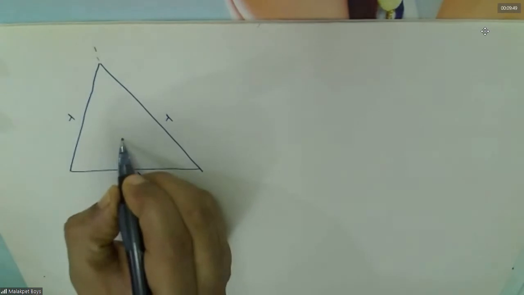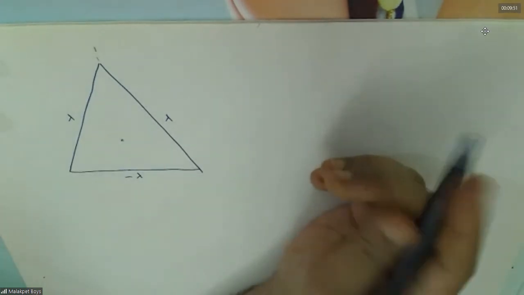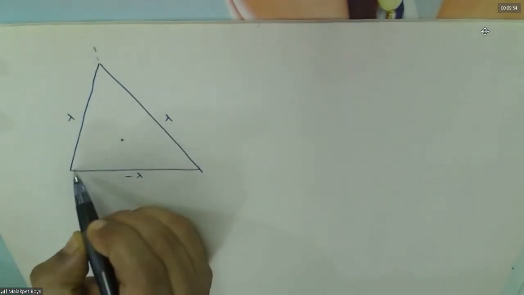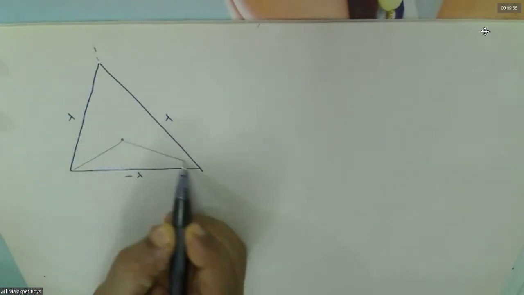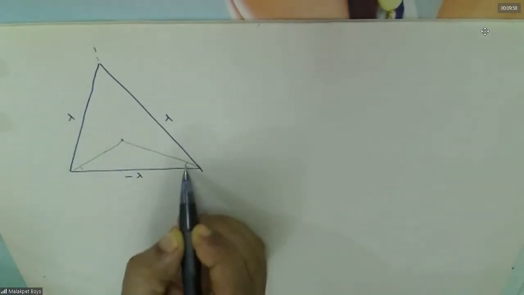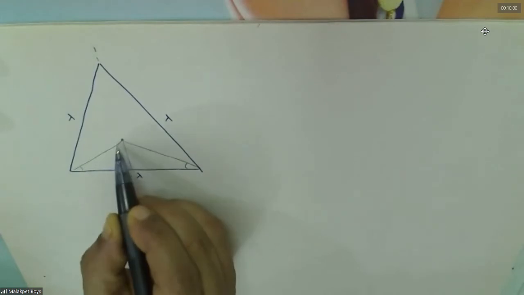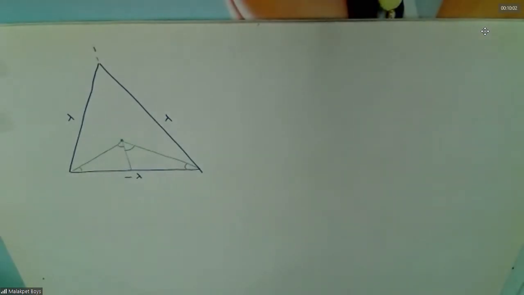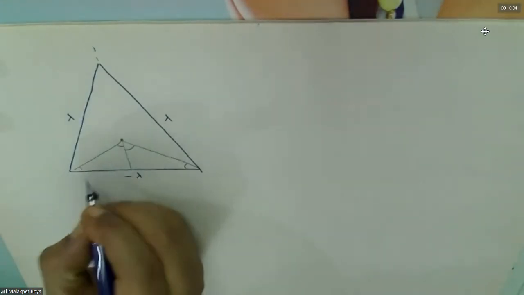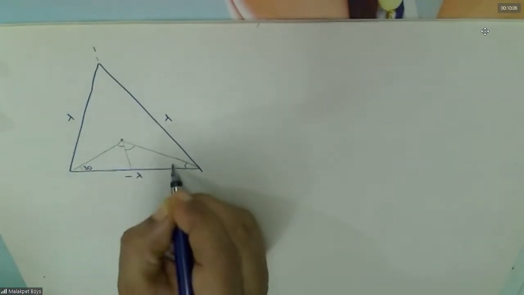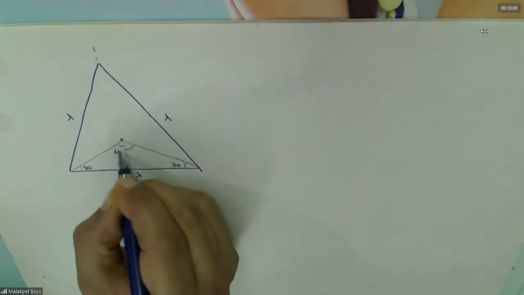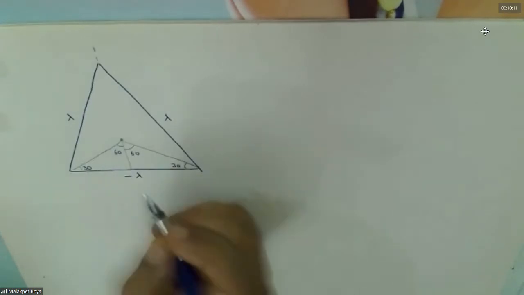See, what is this angle? Can you tell? Equilateral, no? This is 30, this is 30. This is 60, 60. Agreed? So will there be any parallel component?